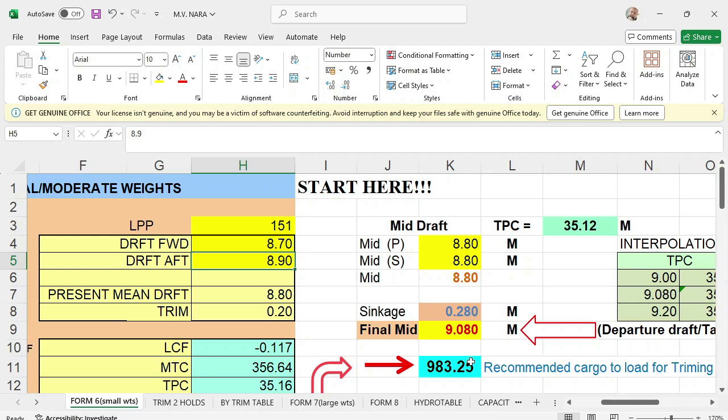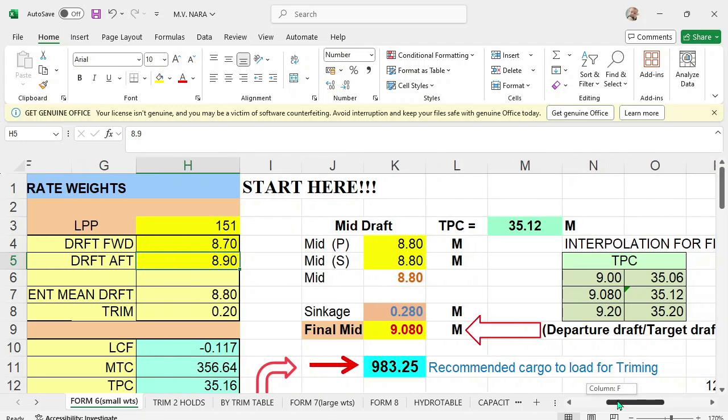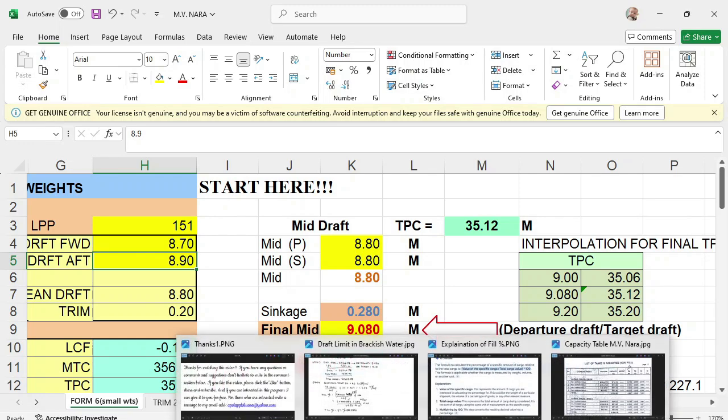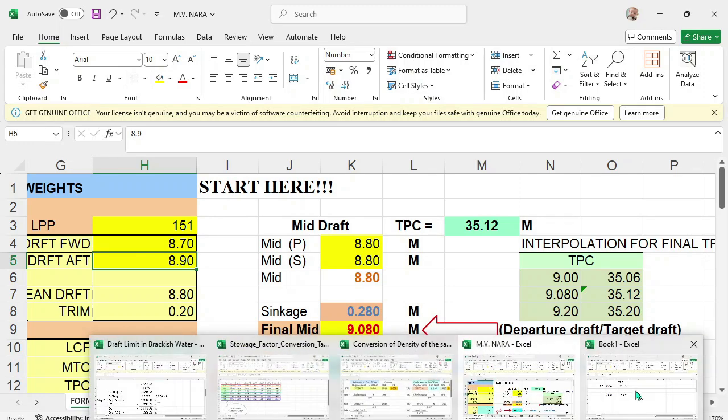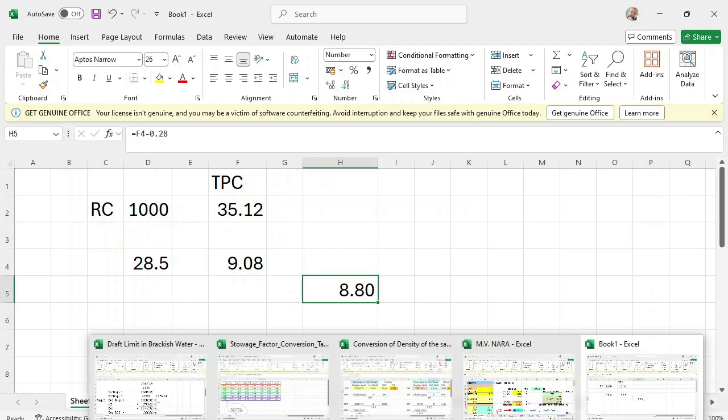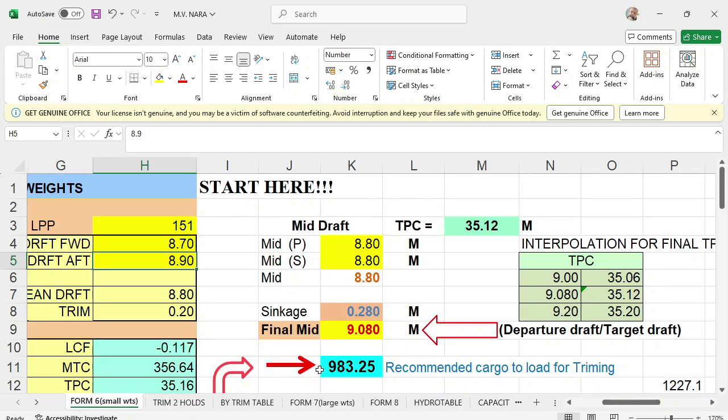So you have a sinkage of 28 centimeters, and your recommended cargo to load will be 983.25 instead of 1,000. You have a remaining cargo to load of 983.25.